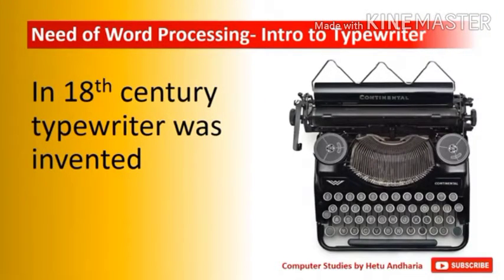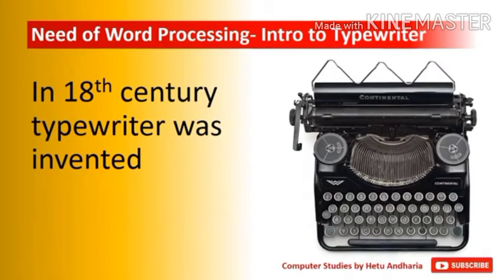Before the computer came into existence, the thing which was invented to print characters on paper was the typewriter. In the 18th century, the typewriter was invented to impress characters on paper. It is a mechanical or electromechanical device with keys that, when pressed, cause characters to be printed on paper.